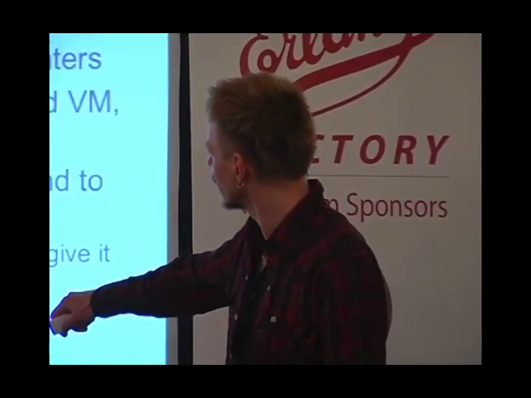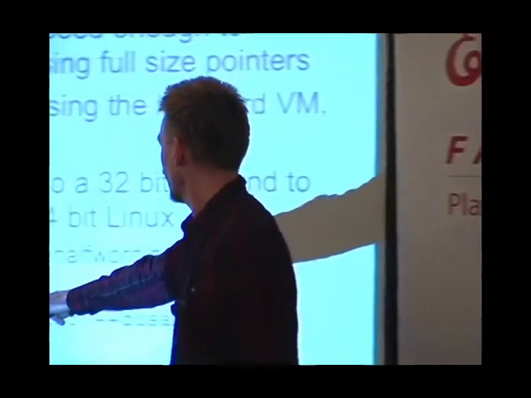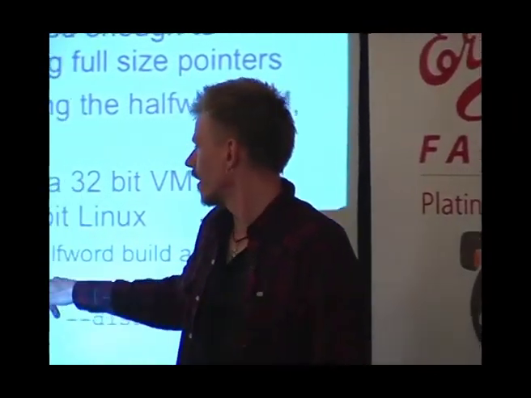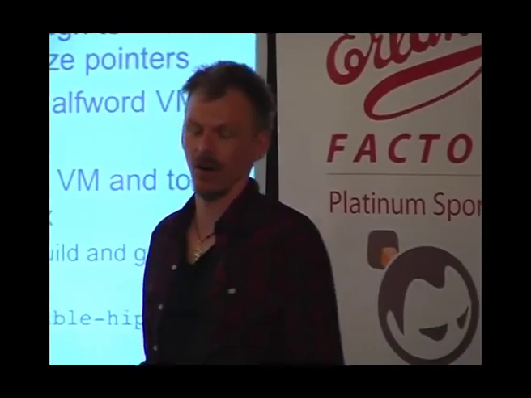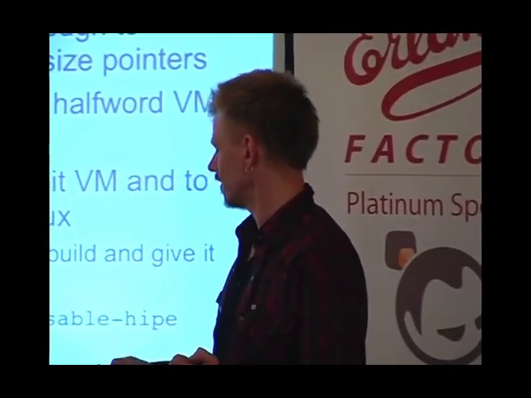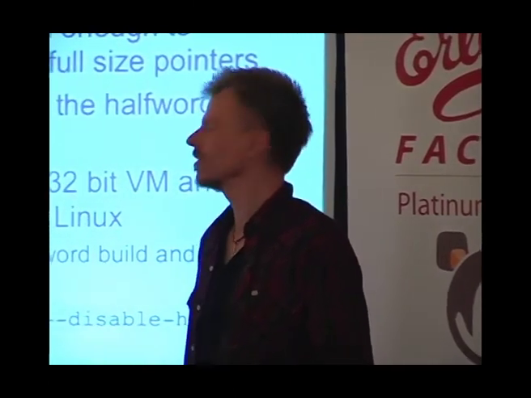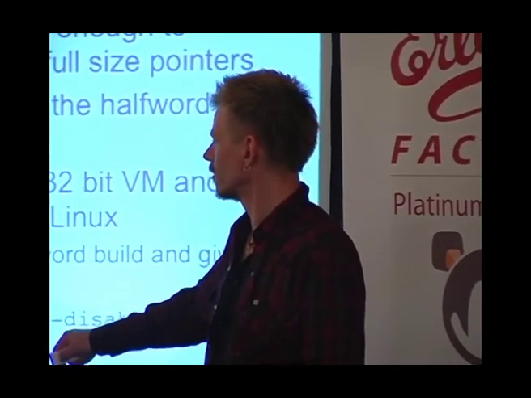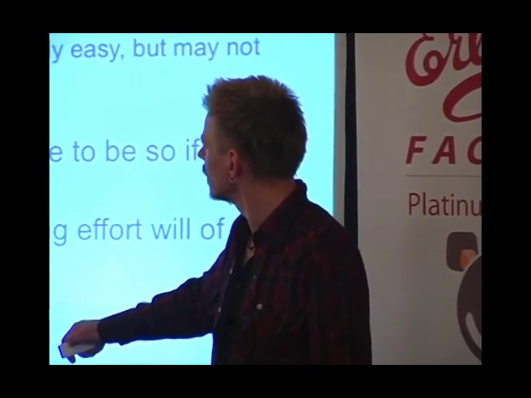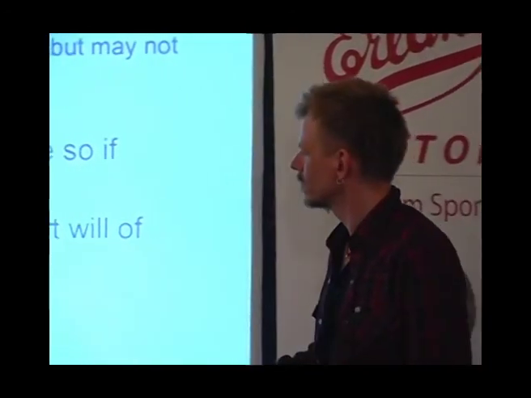I think it's there. And unfortunately, disable Hype. And then build on 64-bit Linux. And then you run. You do nothing else to your code or anything else. And it probably works.